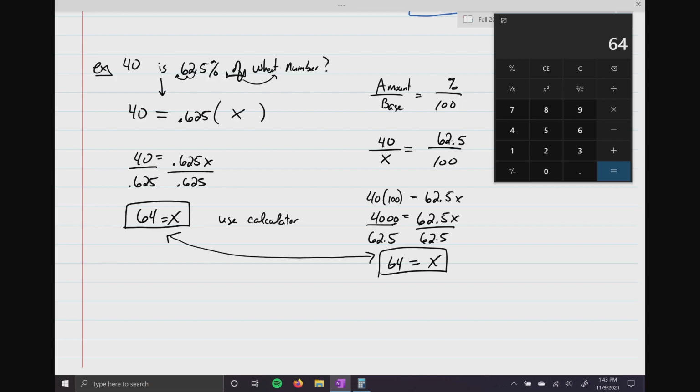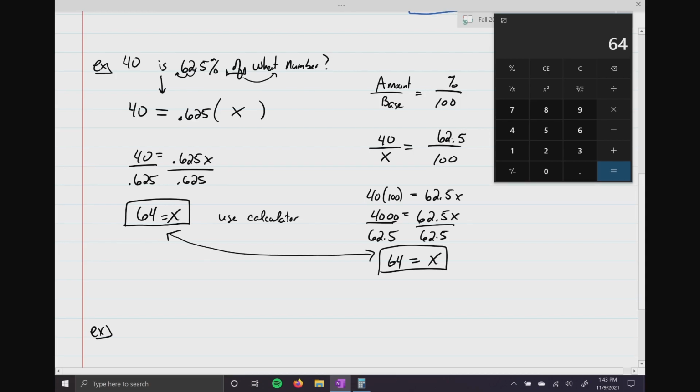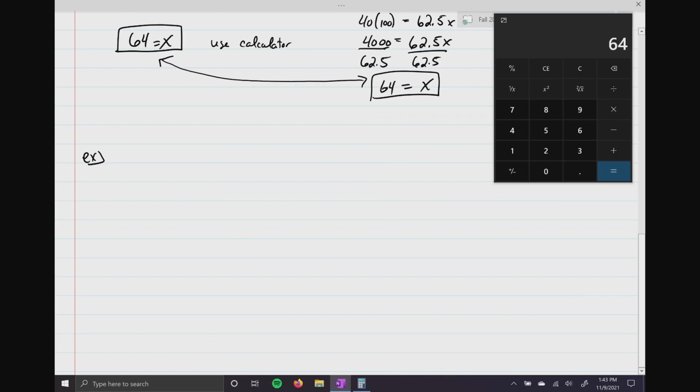Okay, so I'm going to do one more here. Like I said, I'll do it both ways. So 126 is what percent of 72? Okay, so for this one, I think I'll start off with the percent proportion first.